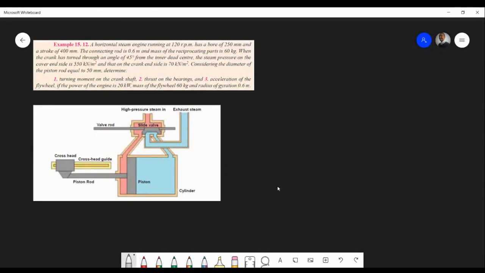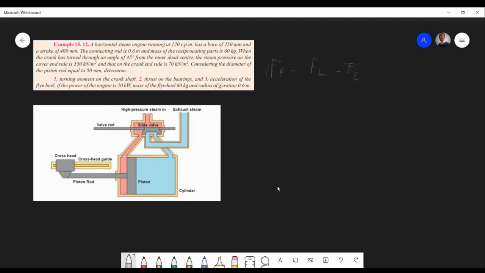Again, it's horizontal, so you're not really worrying about the mass of the parts in our setup. Normally it's just going to be FP equals FL minus FI. Same old, same old. What we're really expanding upon here is this FL, since there's some kind of pressure difference happening.